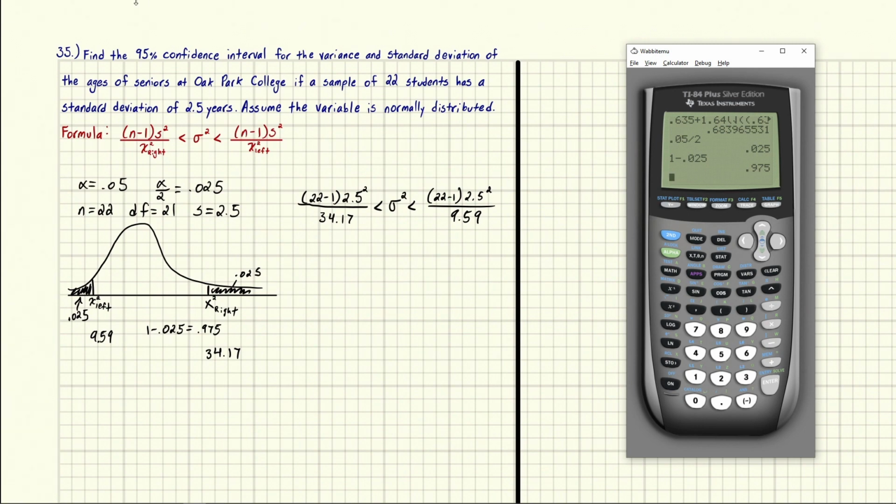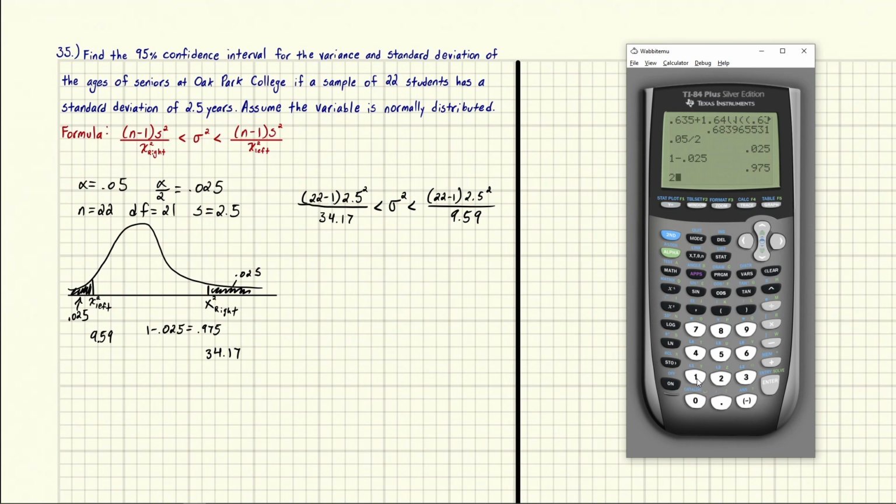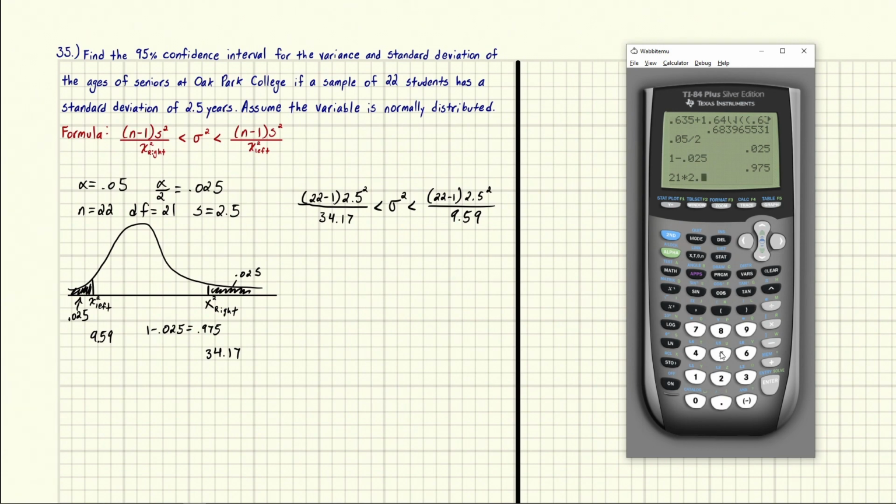So let's just do it. It's going to be 21, because that's 22 minus 1, times 2.5 squared. We hit enter. We get this. And then we're going to divide that answer, the last thing the calculator had, by 34.17. Enter. And we get the value 3.84.